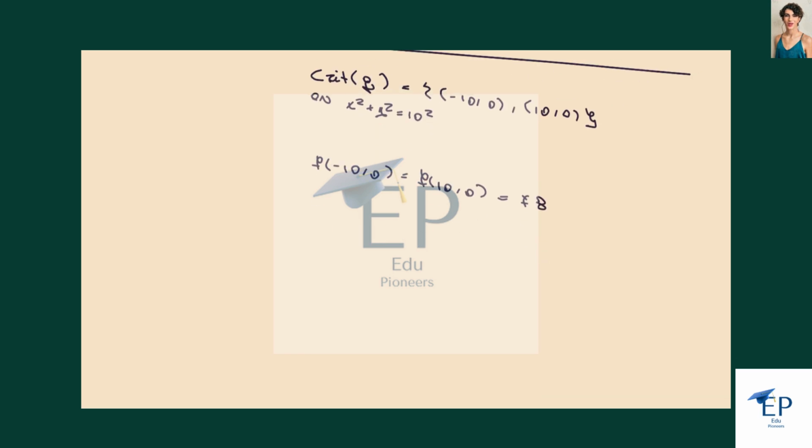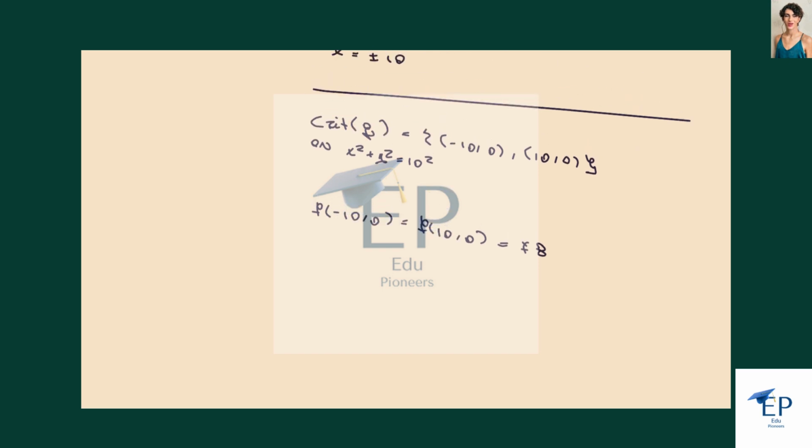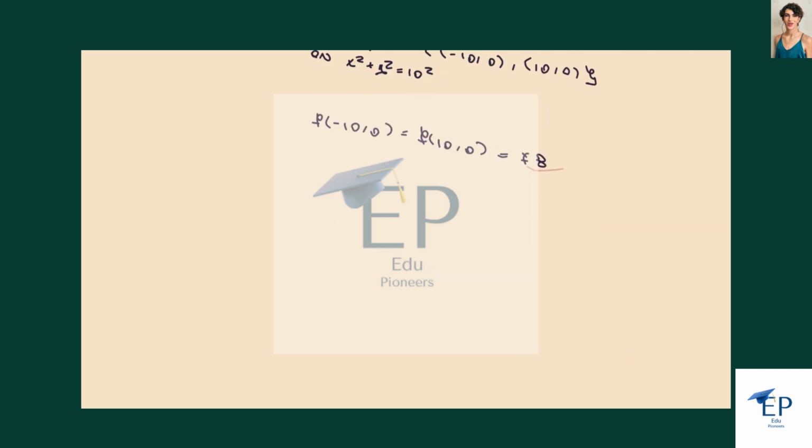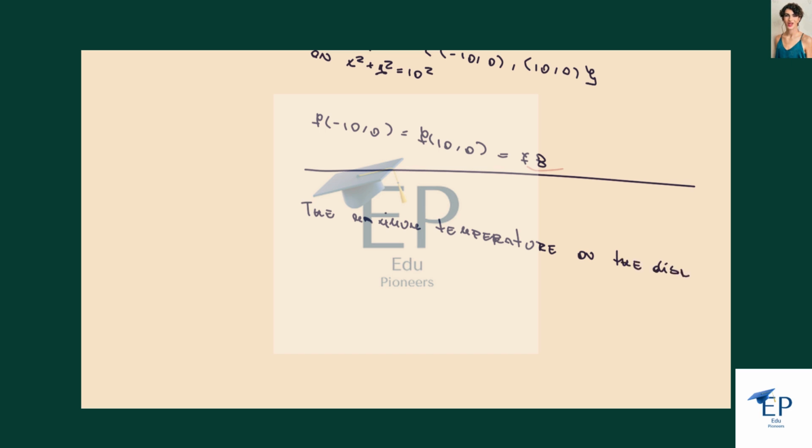This shows that the maximum of our function on our circle is 78. Actually, our function f is constant on the circle. So the maximum temperature on the disk is 78, and we are done.